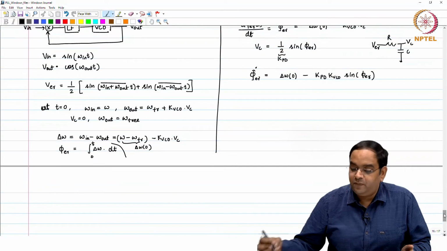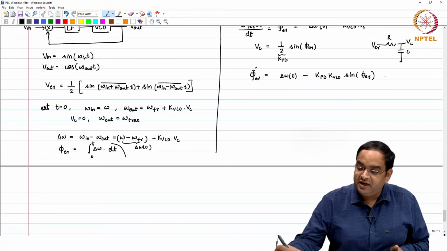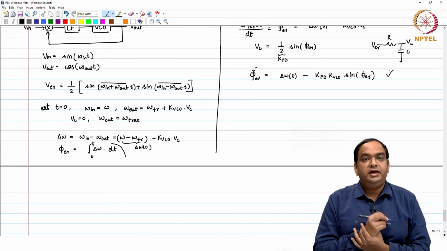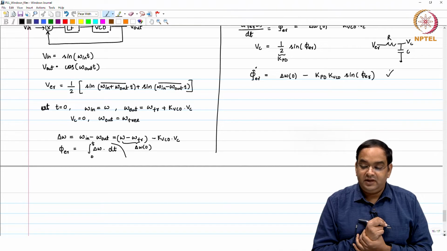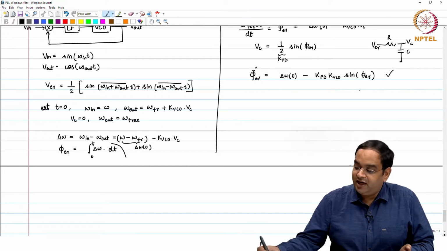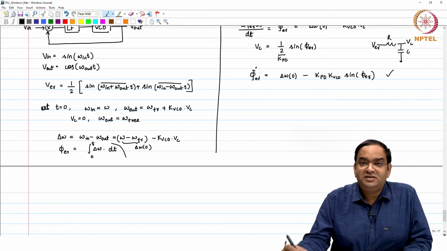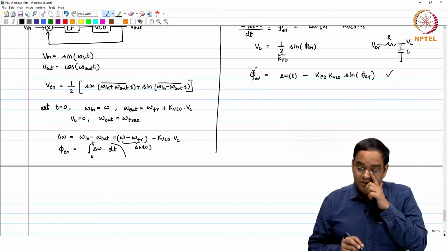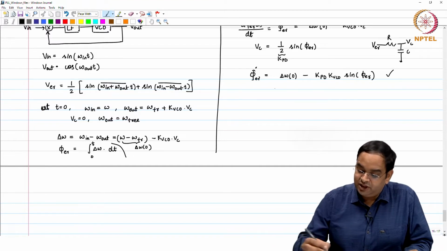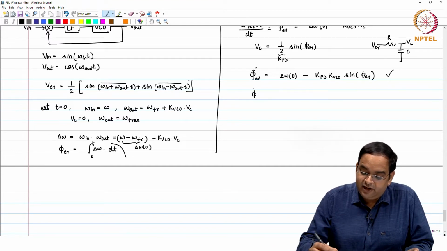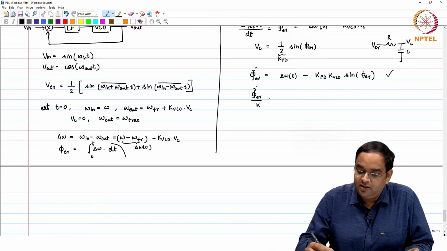Your PLL is going to lock only when you have a solution for this equation, so I will try to find the solution of this equation. Here we are taking the derivative of the phase error, and the phase error is in the argument also. So, to find the solution, one easy way is to look at phi error dot divided by k, which is equal to delta omega 0 by k minus sine of phase error.